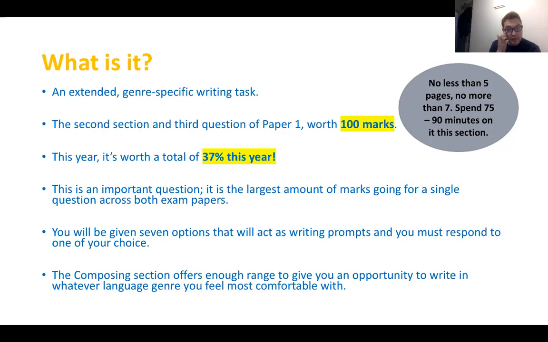It's always been important, but none more so than this year. You're 4% off an overall pass in this subject purely based on how well, hopefully, you do in the composing section. So this is an important question.